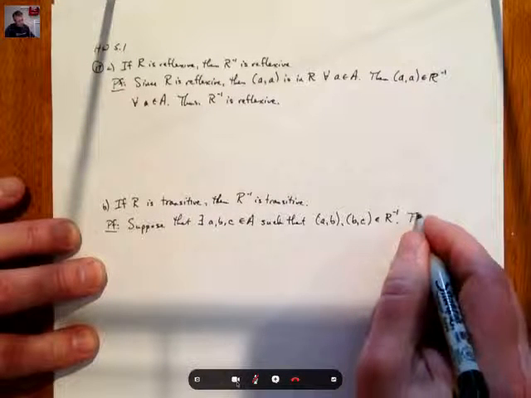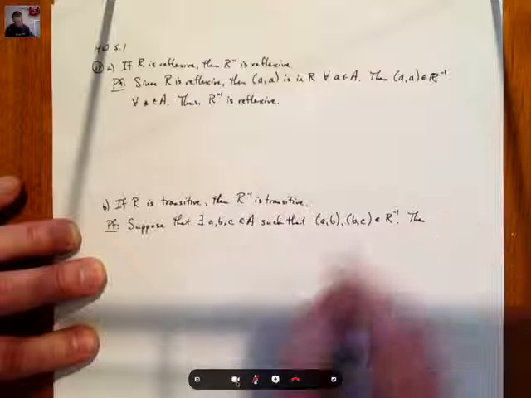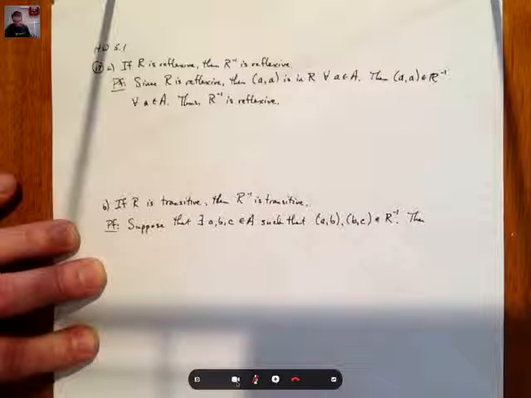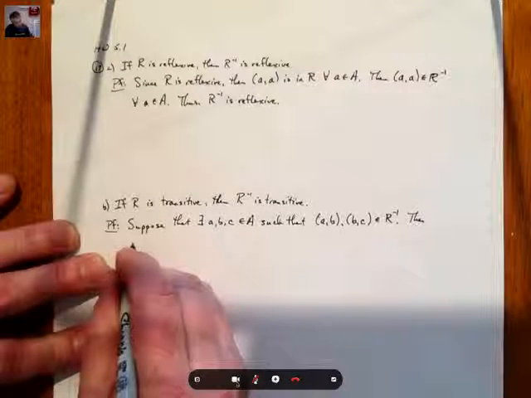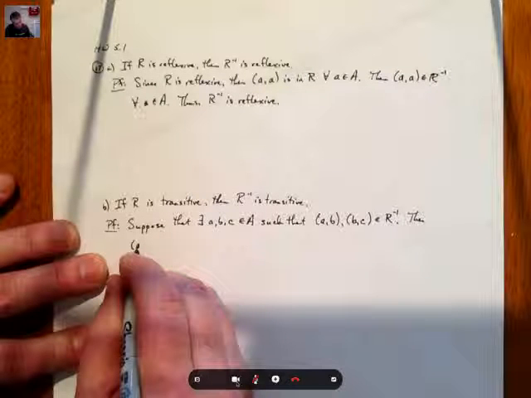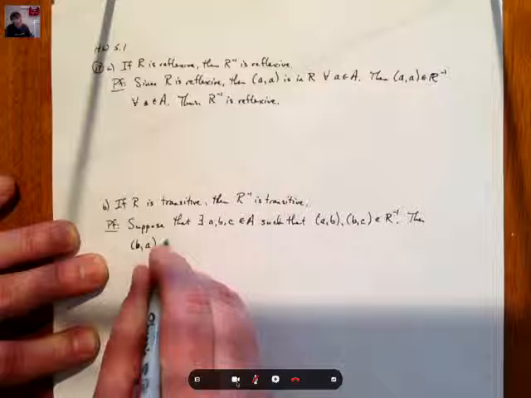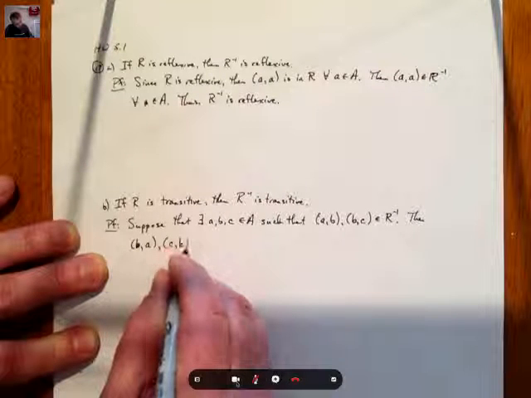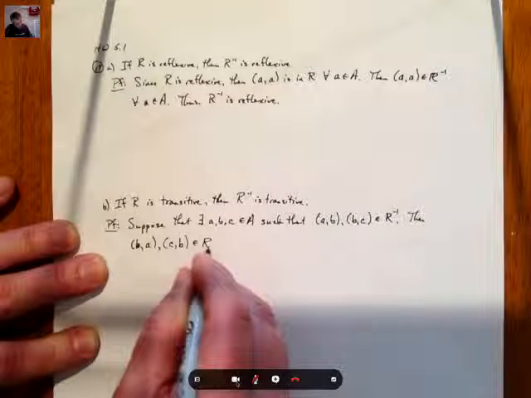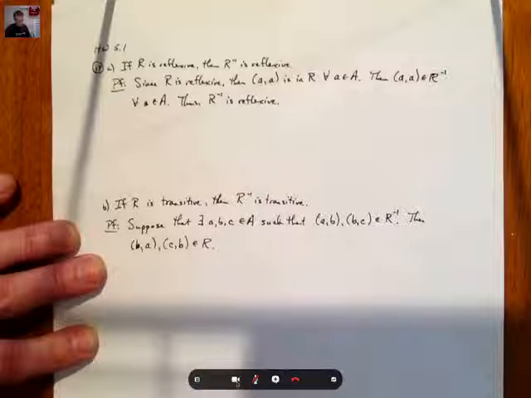Well, since these are in the inverse, the flip-flop of these would be in R. So we've got (b, a) and (c, b) in R.